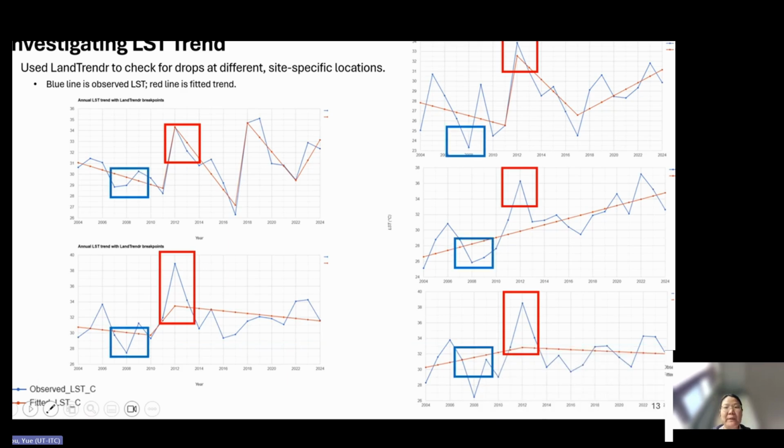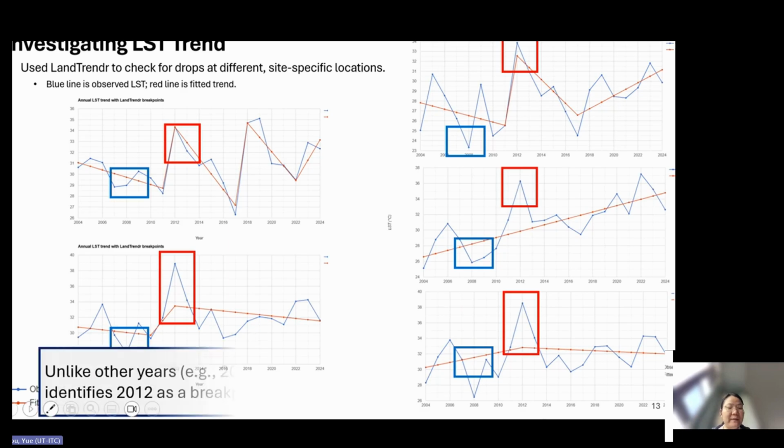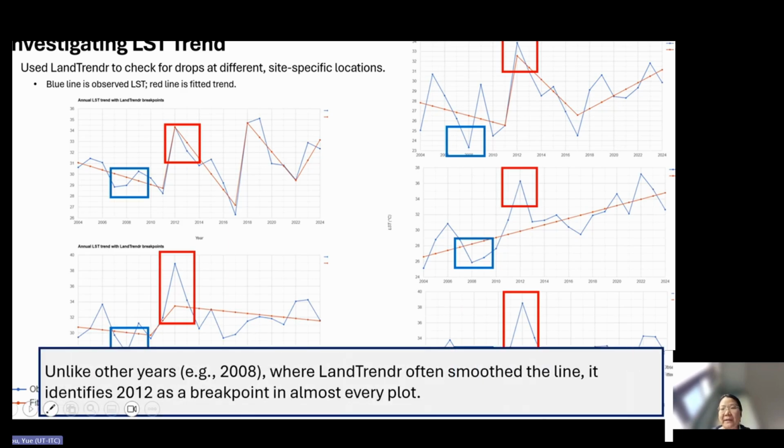For example, in 2008, you see in the blue line, which is observed land surface temperature, some big drops, big changes as well. But often this red line, the trend line, does not recognize it as a breakpoint or change point. So this shows 2012 is exceptional.